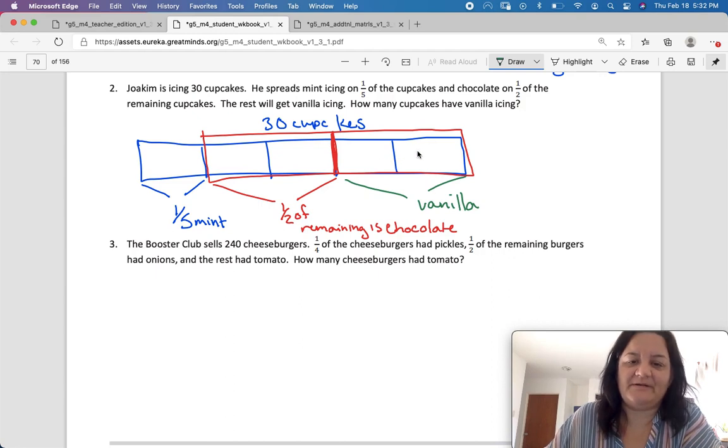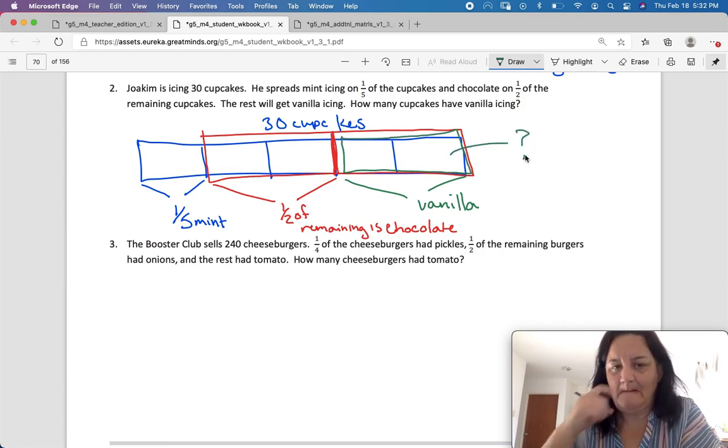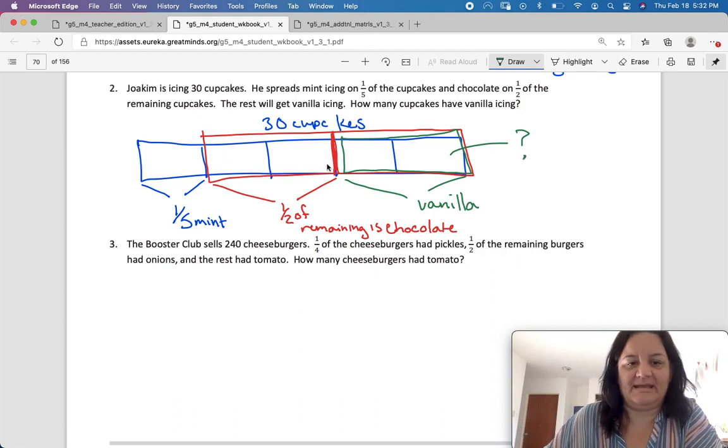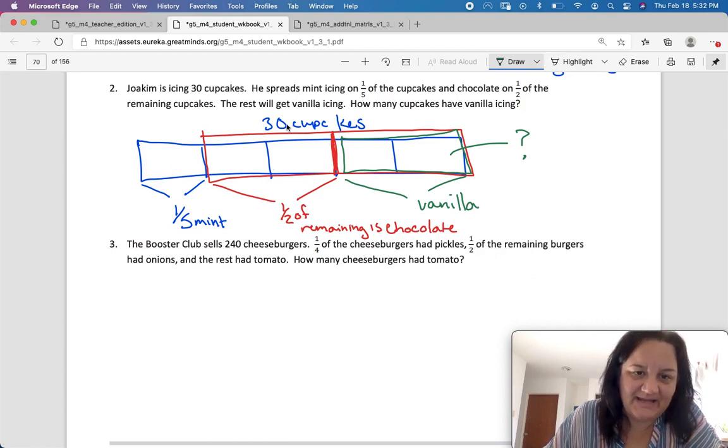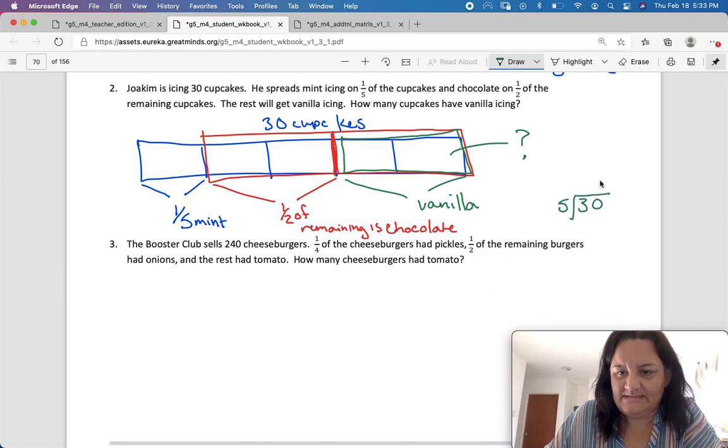How many cupcakes have vanilla icing? So we want to figure out, what does this section represent? How many cupcakes is in there? Okay, so that's our question. Now, we're going to figure out how much each of these little sections is worth. So if we first cut it into 5s, that means that each section is worth what? 6, right? Because 30 divided by 5 is 6.